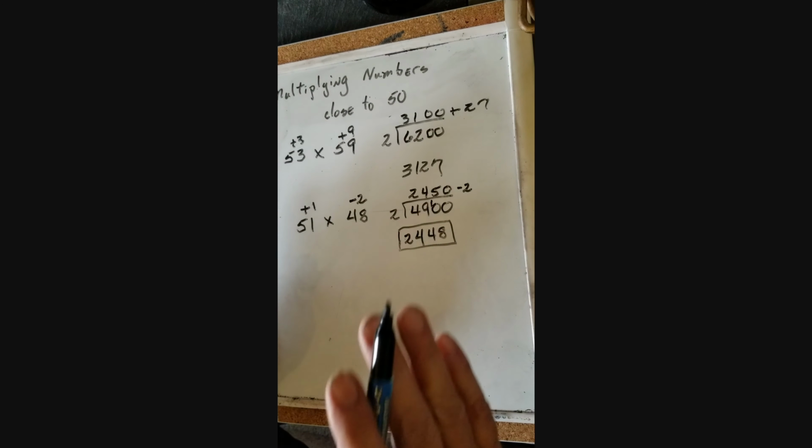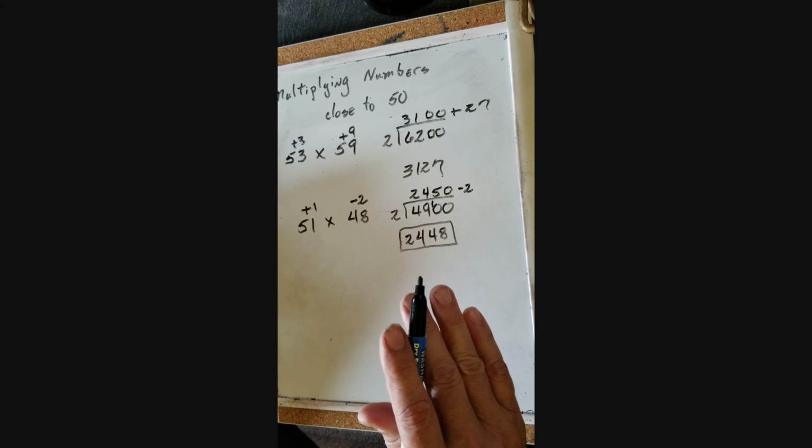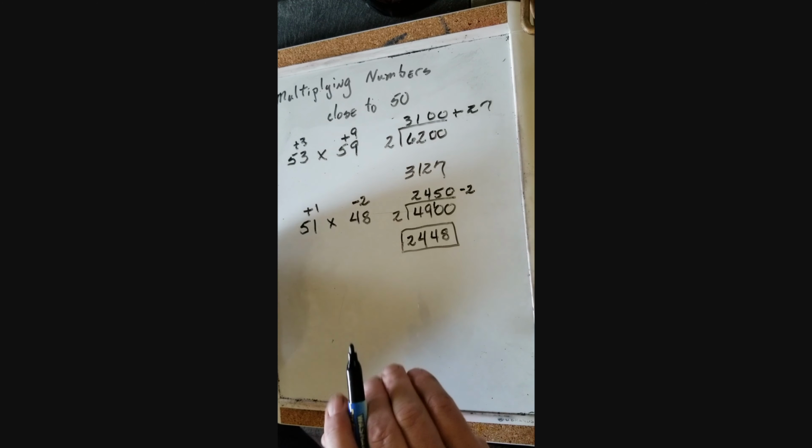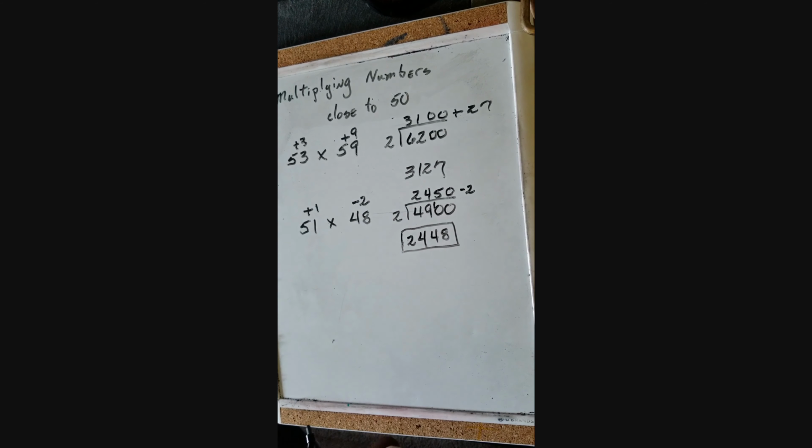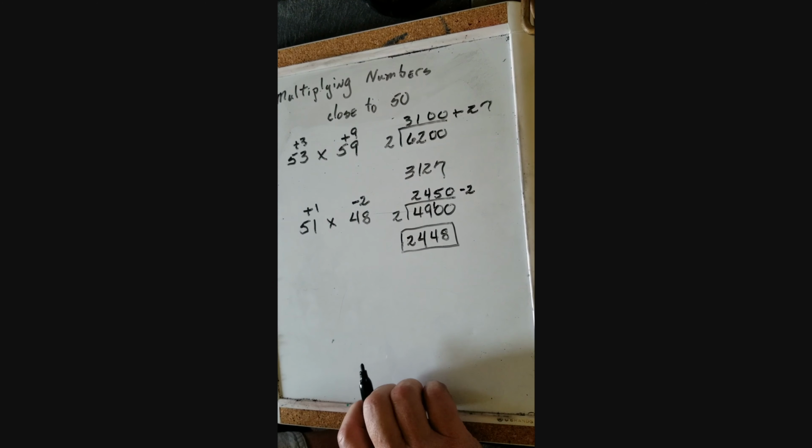And they all work like that. Anytime you're close to 50, this is the way to multiply them if you don't have a calculator. All right, let's do 52 times 60.